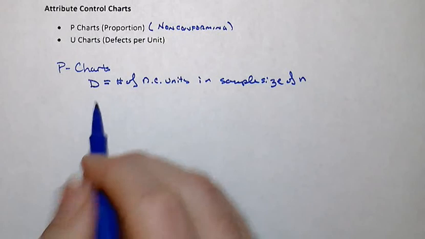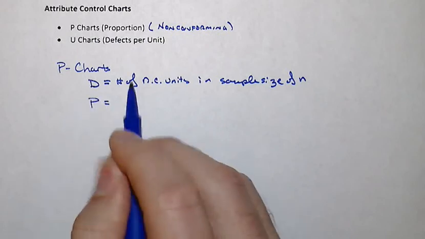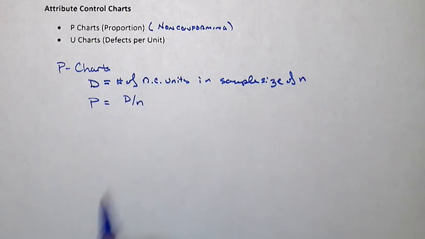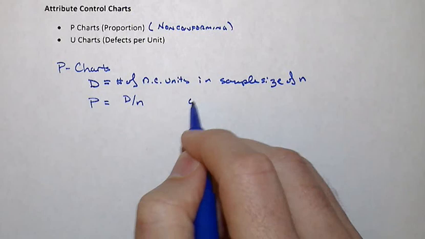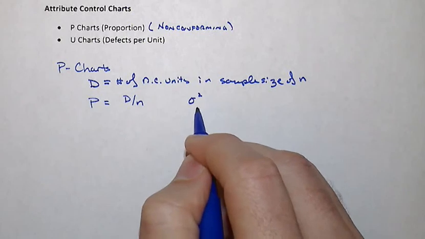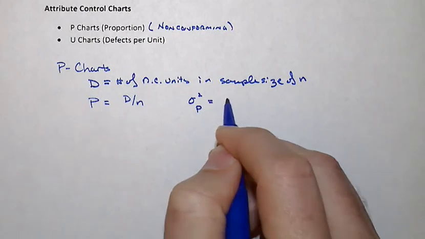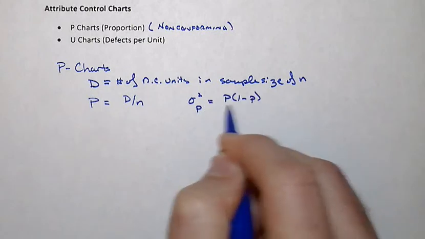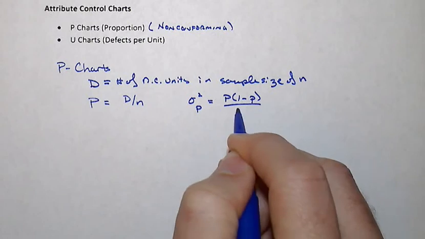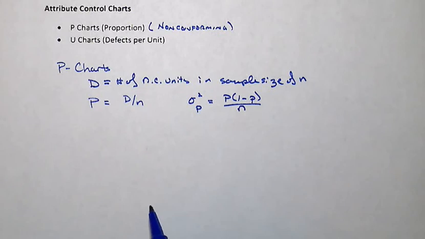And then our particular proportion is a straightforward calculation, P equals D divided by N. And following along our binomial path, the variance of our proportion will just be equal to P times 1 minus P, which we sometimes call Q for shorthand, divided by N, our sample size.